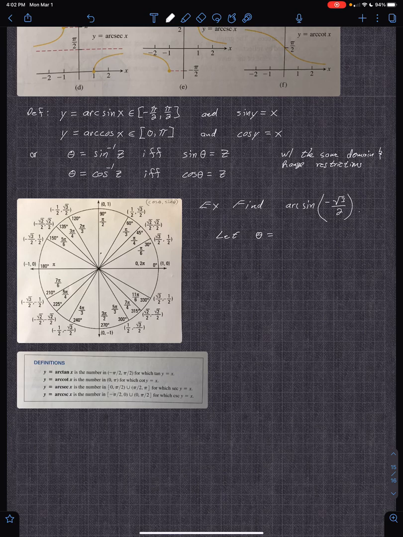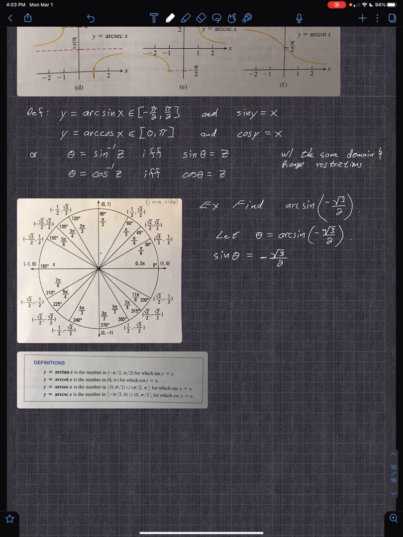So theta equals arc sine of negative root 3 over 2. And that is true if and only if we say then sine of what angle is equal to negative root 3 over 2. So that's how I like to go about it. That's what you're really being asked.